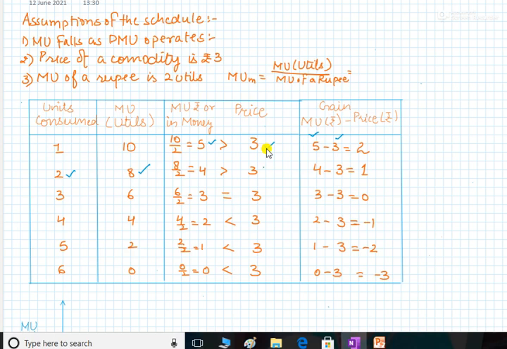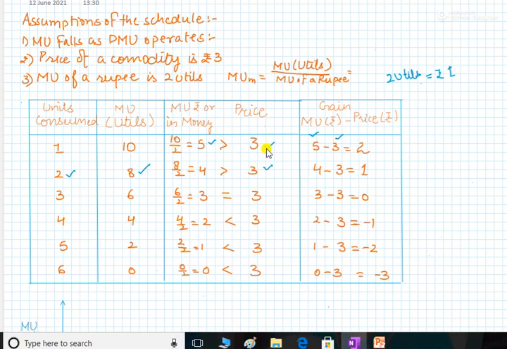Now the price is fixed at rupees 3, and look at what he is getting. He equates 2 utils equal to rupees 1. This is our assumption.